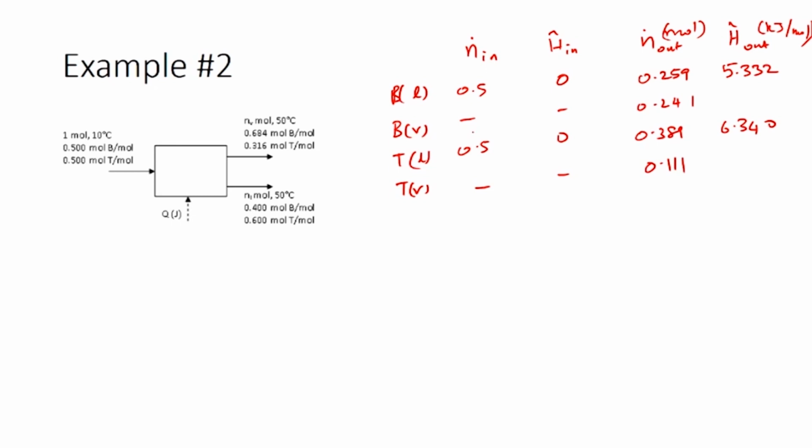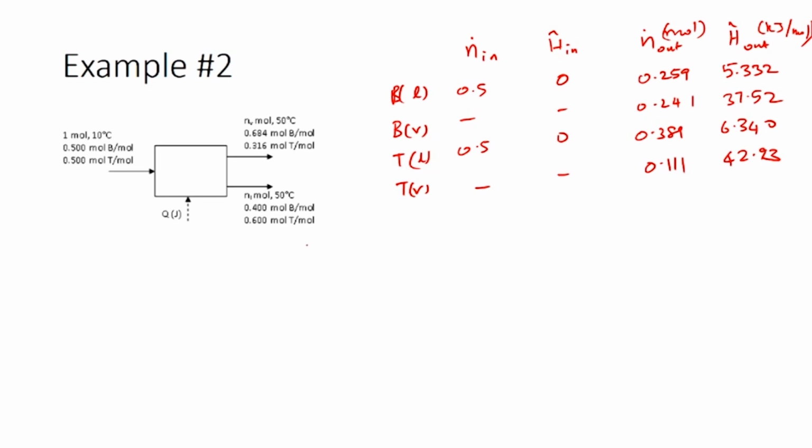Benzene vapor, which is Ĥ2 which we calculated, would be 37.52 kilojoules per mole, and for toluene vapor it would be 42.93 kilojoules per mole.